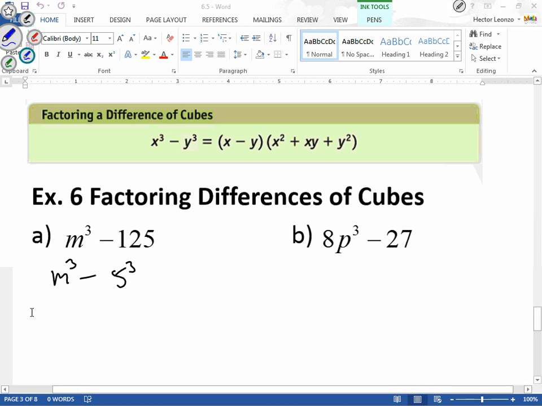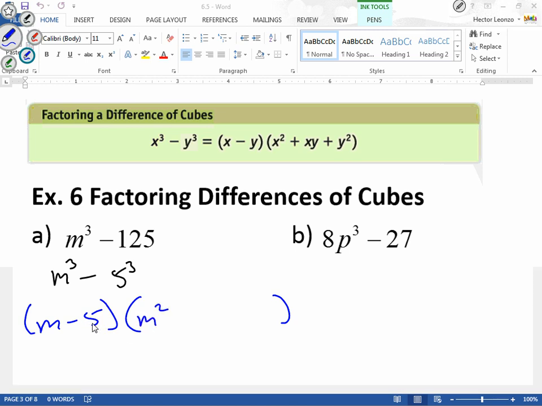The first parentheses, the first factor, ignore the cubes. So I'm just going to go m minus 5. That's going to be my first factor. My second factor is going to be a little long. Notice how my first term is m. So square your m. m times m is going to give me m squared.